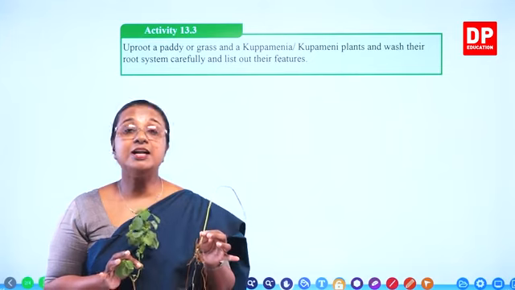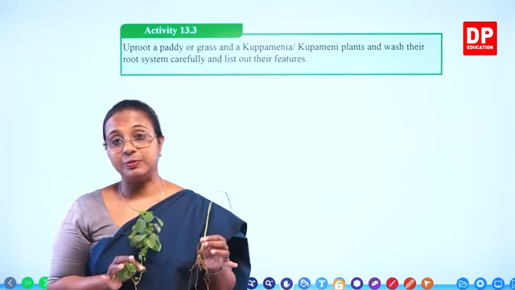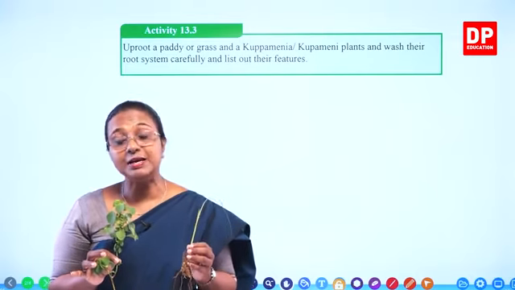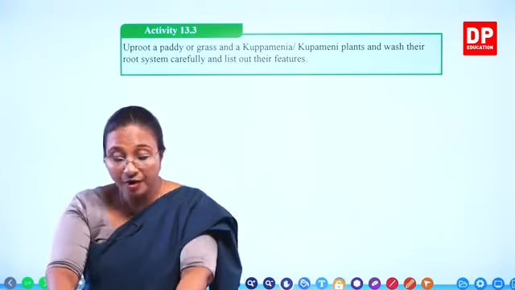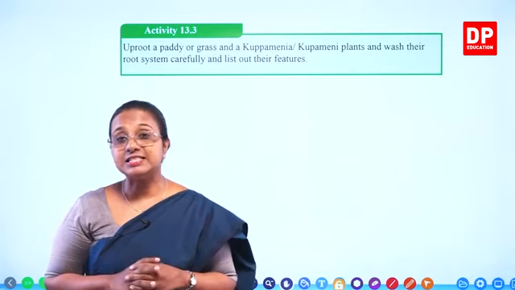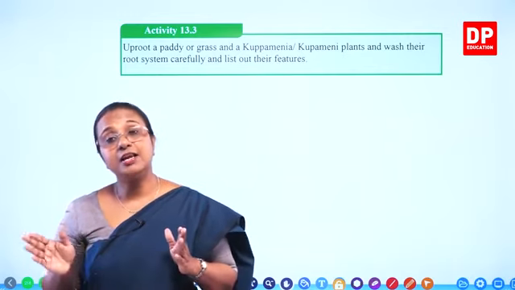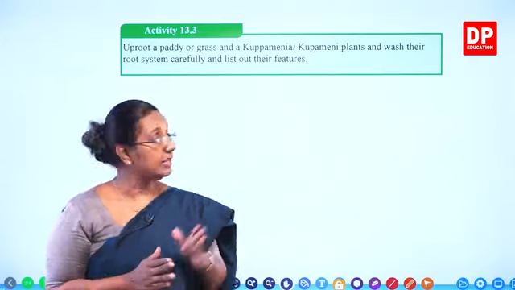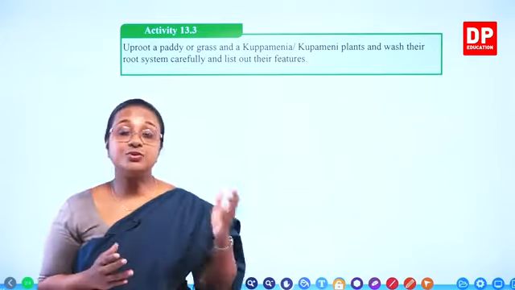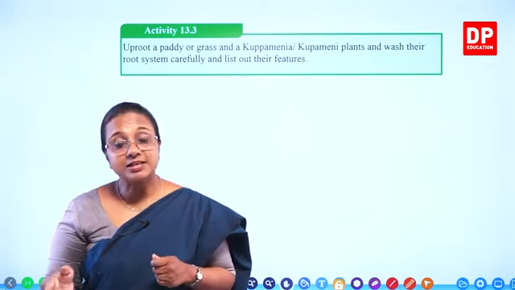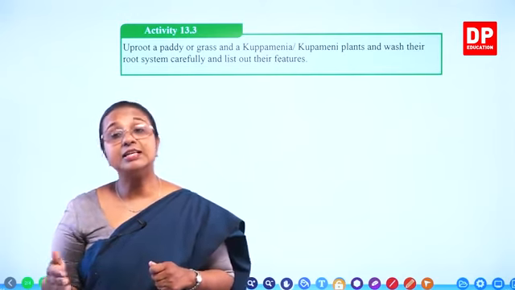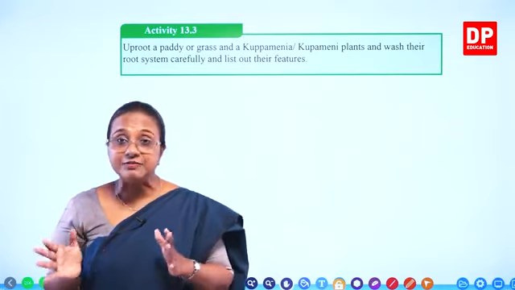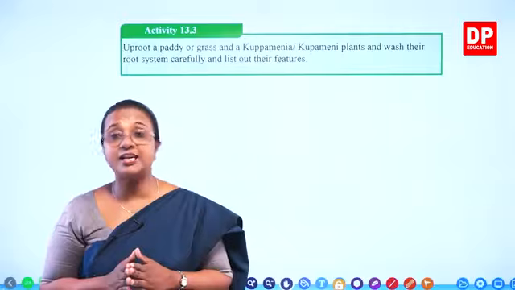So those are differences that you see between a Cupamania plant and a grass or paddy plant. So from that, students, you all can understand the difference between dicot plants and monocot plants. Grass or paddy, the first two plants, are monocots, whereas the Cupamania plant is a dicot plant. And those are some of the features that differ in these two monocot and dicot plants.